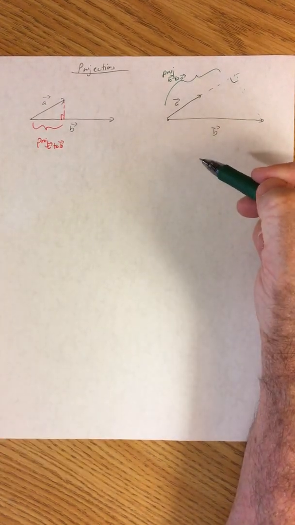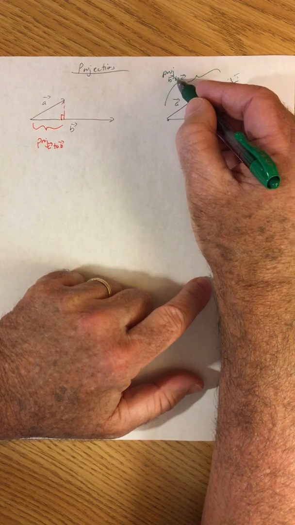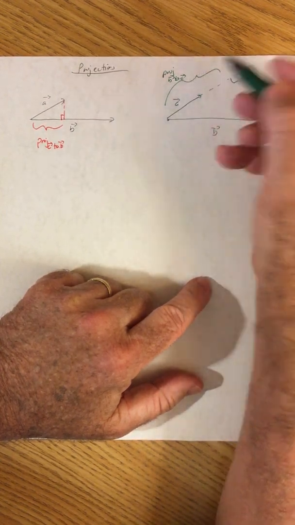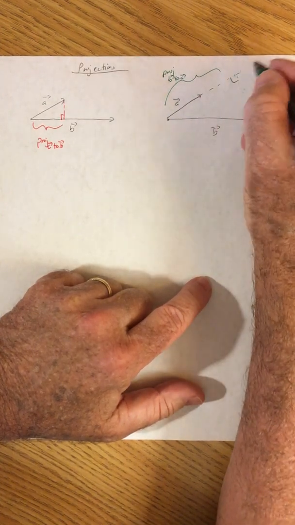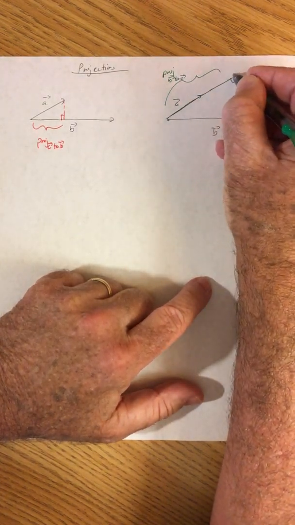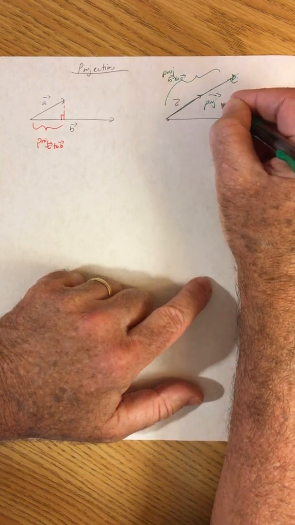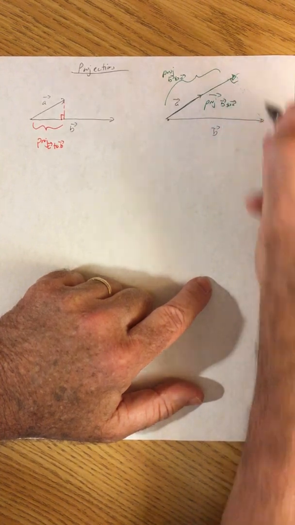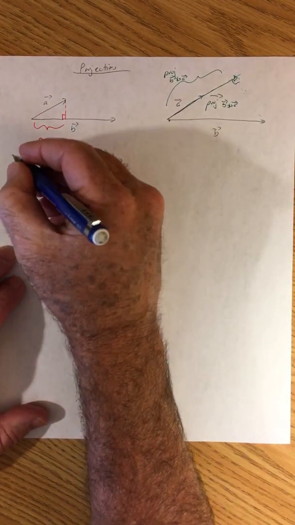They're not the same amount. That's why you really should write it like this, because A to B is different from B to A. The P, I guess we could leave, but I always write the whole thing out. Okay, now this is the vector projection of B to A.